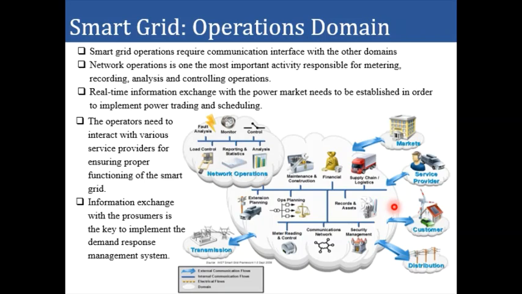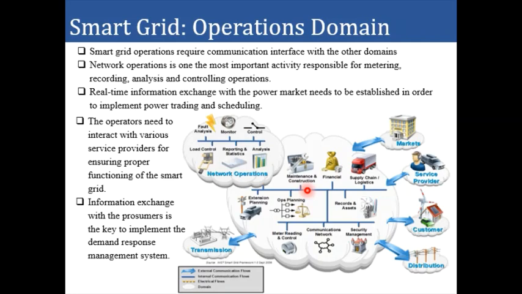These applications fall under the operations domain because they are utilized for the proper operation of the power system network. So the operations will interface with transmission, that is the physical transmission system, physical distribution system, customer, service provider, and market.